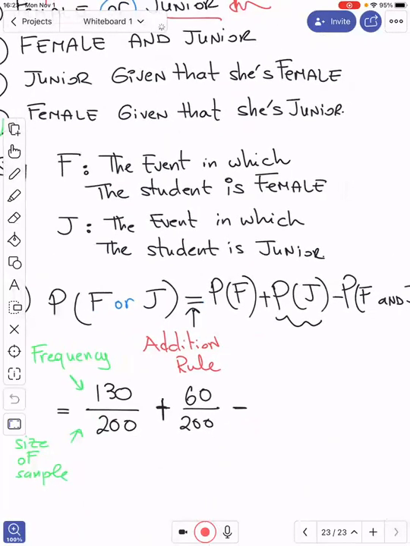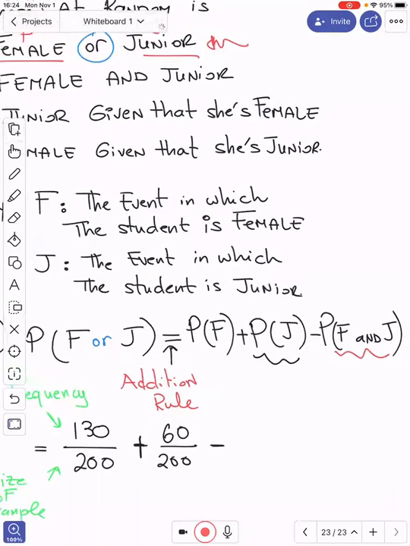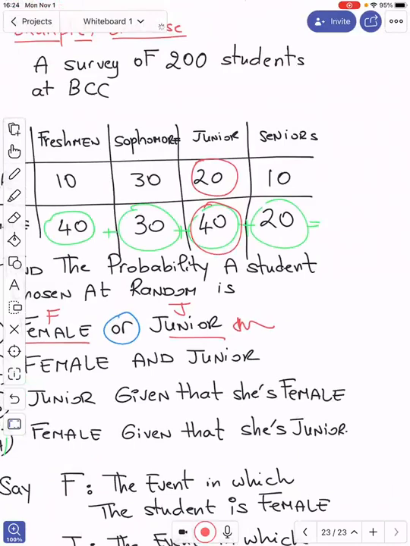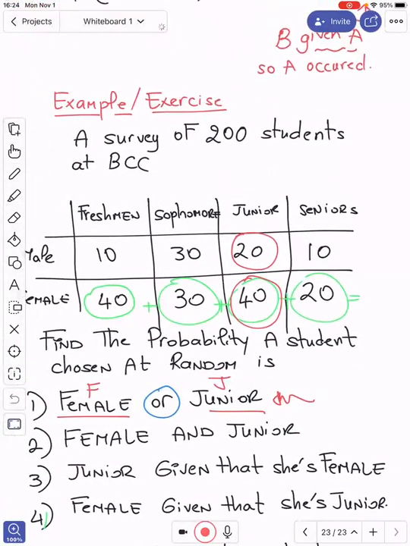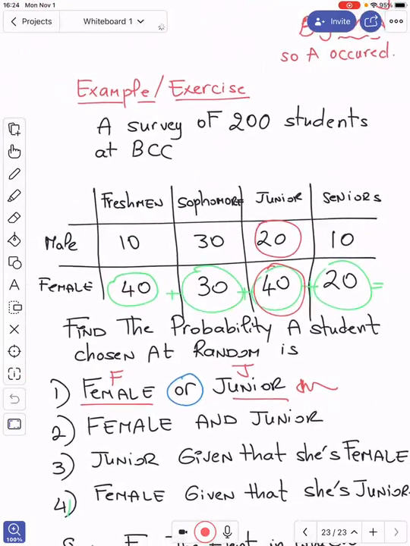and then we have the probability of F and J. F and J means being a female and being a junior, so the student is a female and a junior at the same time. How many students are female and junior at the same time? Any guess?